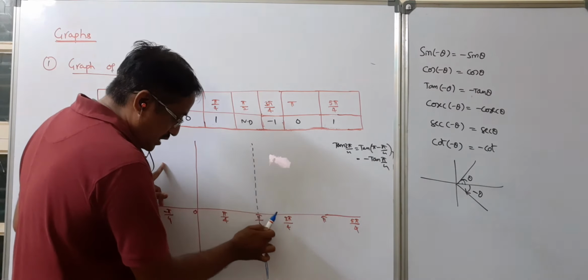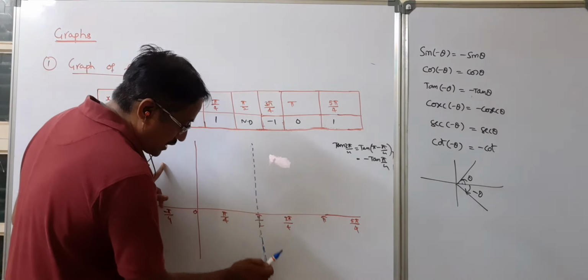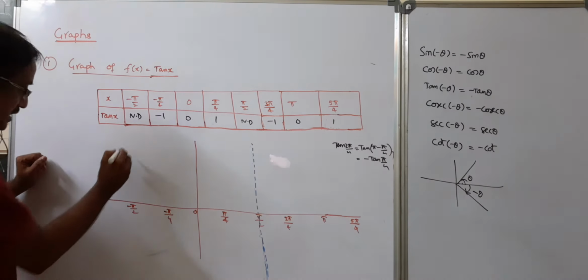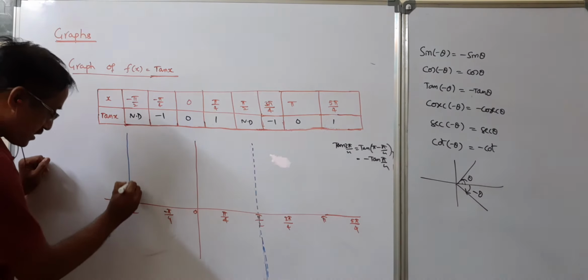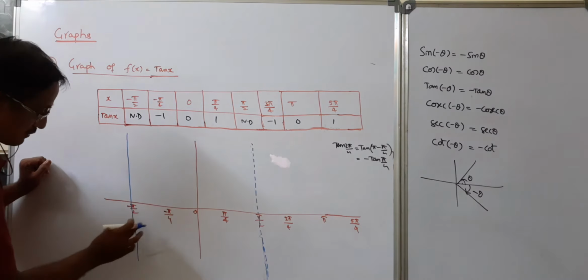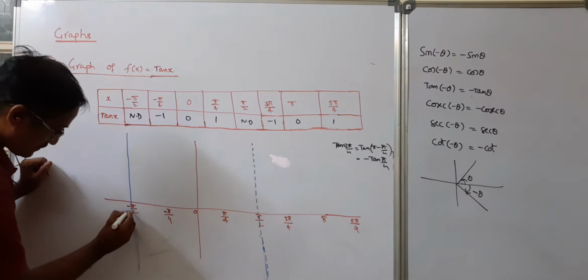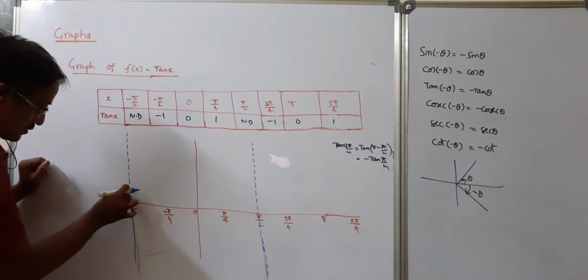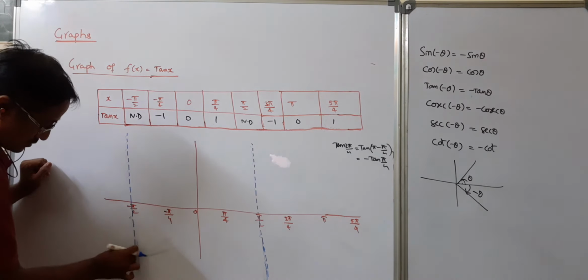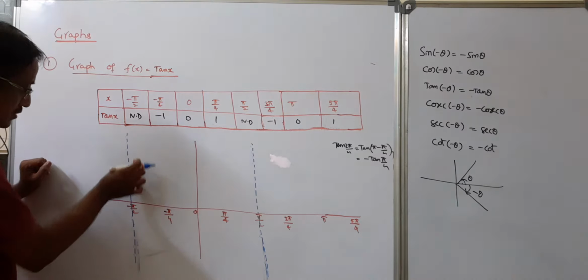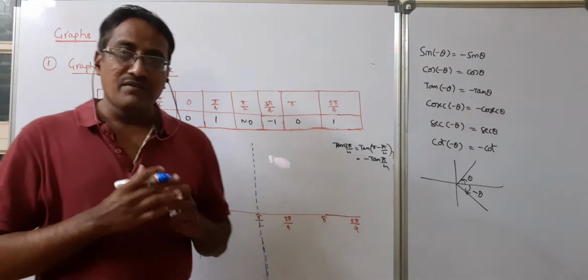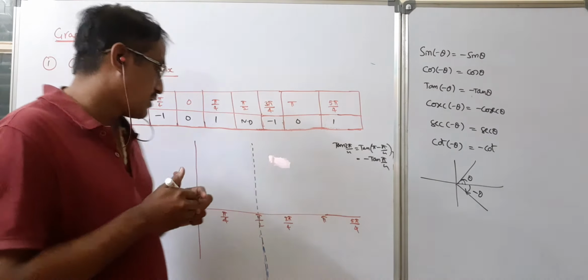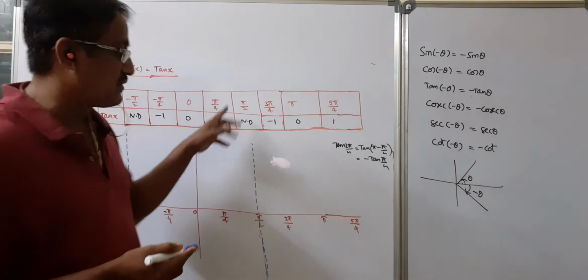Here the graph is not defined, so I have drawn a vertical line. And there is another point, tan of minus pi by 2. So here also the graph is not defined, so you need to draw the vertical line like this. Because a graph is always a finite quantity, you cannot mark a point which is infinity on the graph.